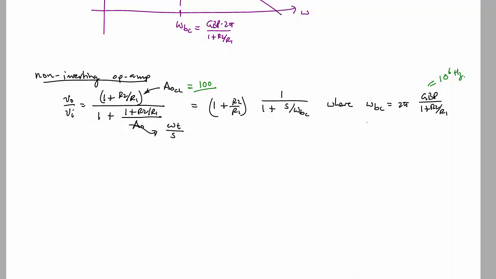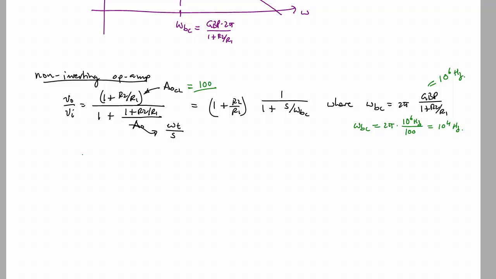Then we would find that omega BC, the closed loop break frequency, is going to be 2 pi times a megahertz divided by this initial closed loop gain of 100. In other words, it will be 10 to the 4th hertz.